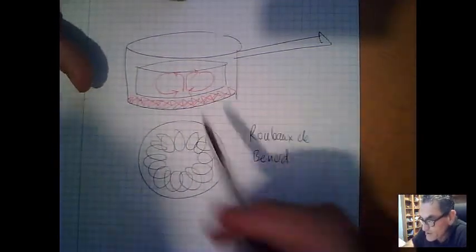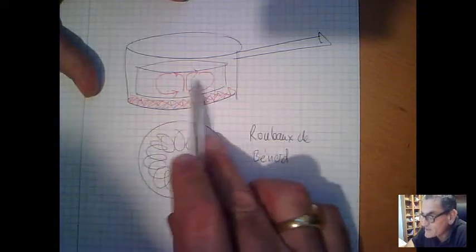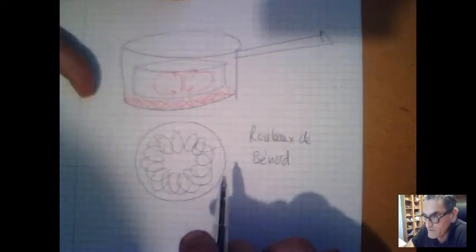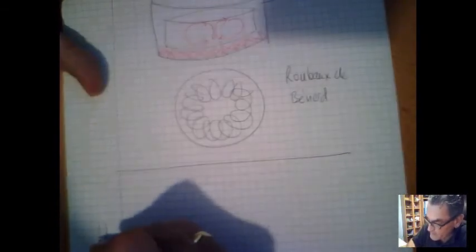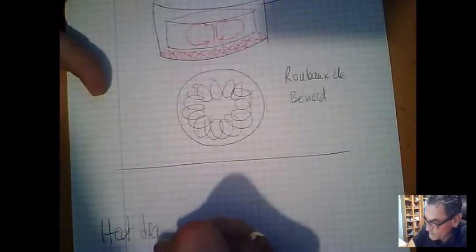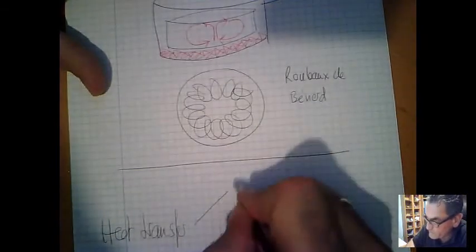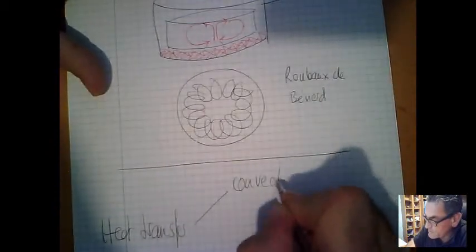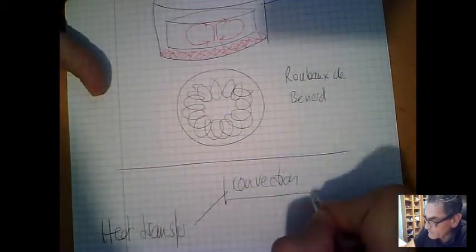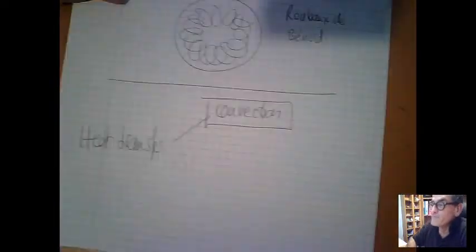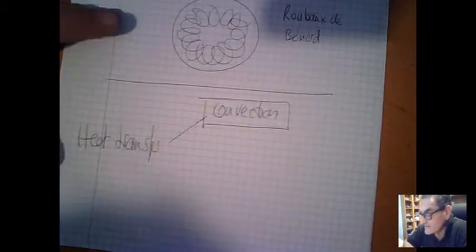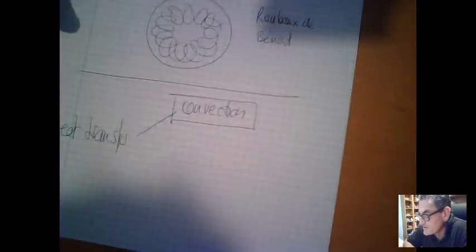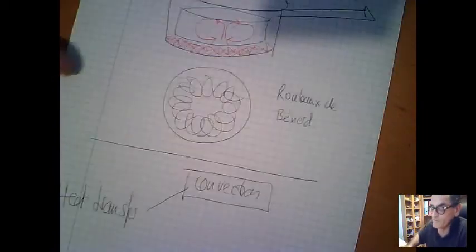So again, in a liquid, heat is transferred by convection. That's one of the main phenomena which accounts for heat transfer. So convection is the big heat transfer mechanism in gases and liquids. For instance, I can give you another example about convection.